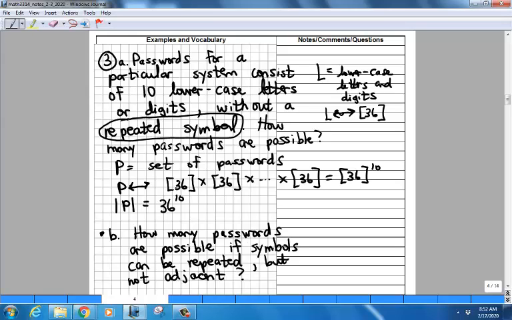Thinking of an algorithm for actually creating a password. Now, if we wanted to adjust the set model, which I'm not going to do here, any ideas of how we could adjust it? Since you're not repeating the letter, in the cross product instead of 36, your second coordinate would have 35 options.